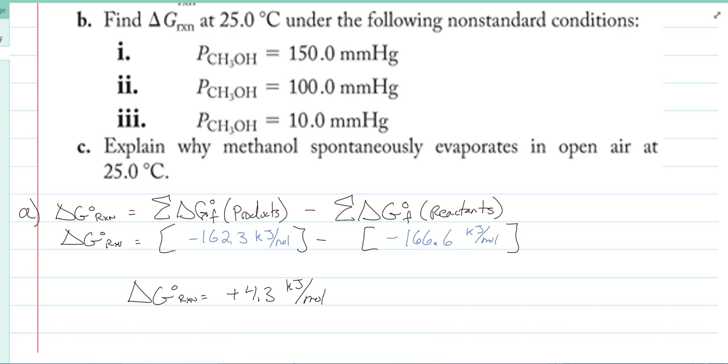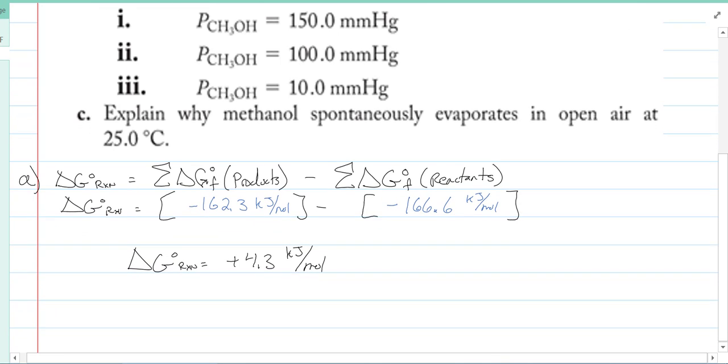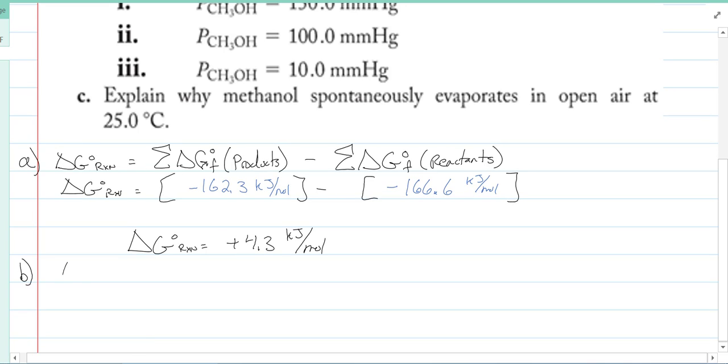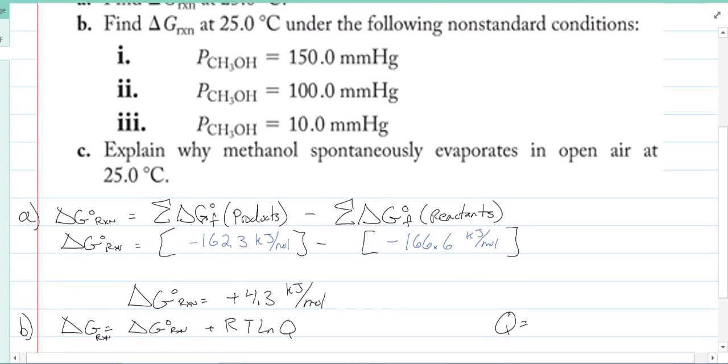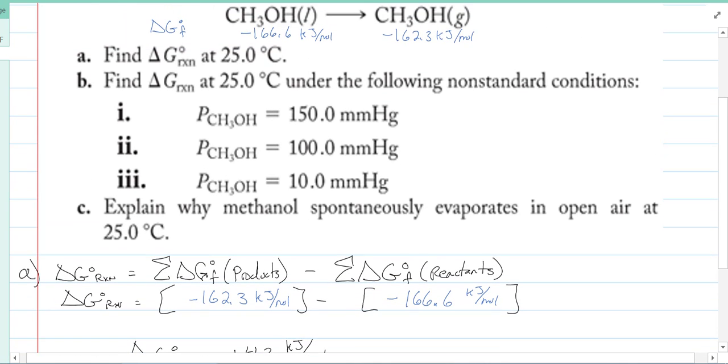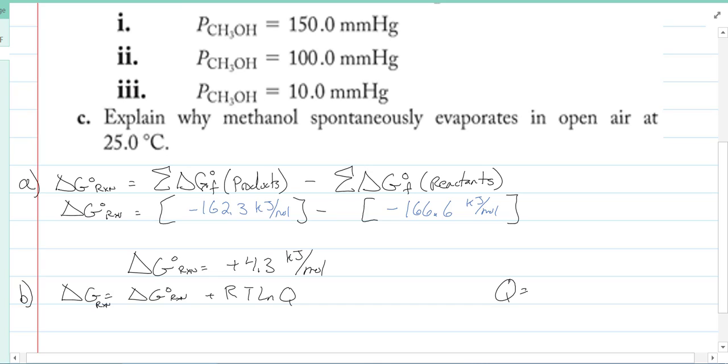B. Now we're finding delta G, no degree sign here, at 25 degrees Celsius under the following non-standard conditions. So for B, I'm going to get delta G equals delta G standard plus RT ln Q. Now what's Q? My Q expression would equal gas over liquid. We don't write the liquid, it's just the pressure of methanol gas, over 1.